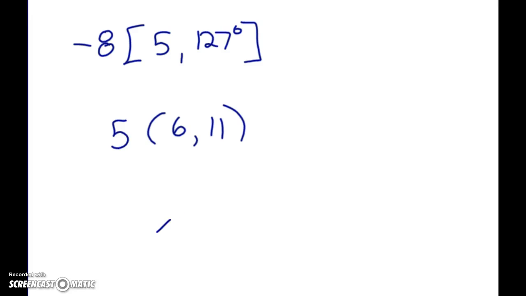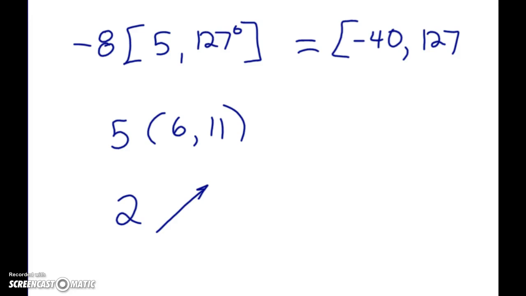And let's take this vector and multiply it by 2. So it's -8 times polar vector 5, 127. -40. Grab your calculator. 127 times 1. Because it doesn't change direction.